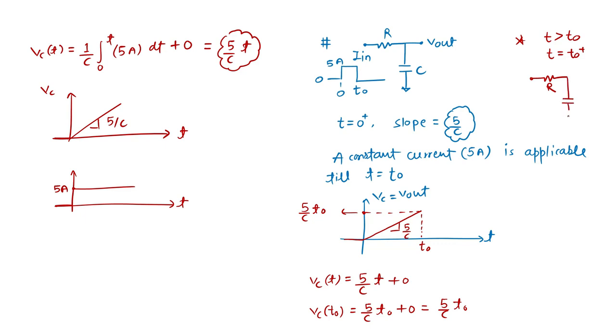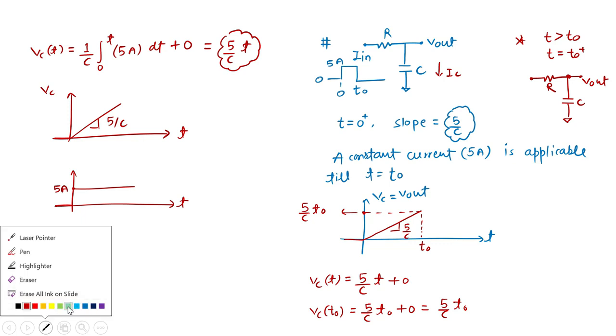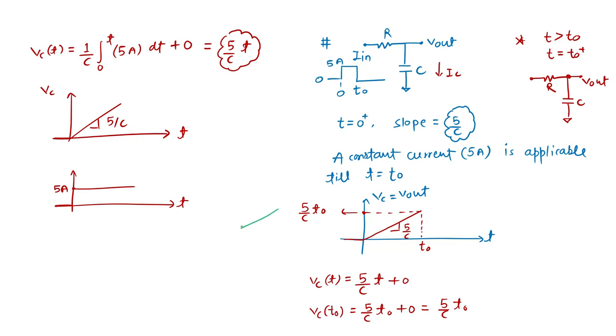So whatever amount of voltage the capacitor has stored will stay there forever. I need not say anything about IC because IC is nothing but equal to I in. Here also you see, IC is equal to I in.